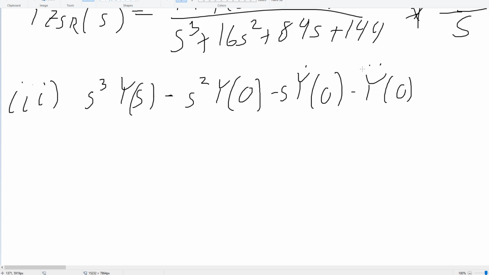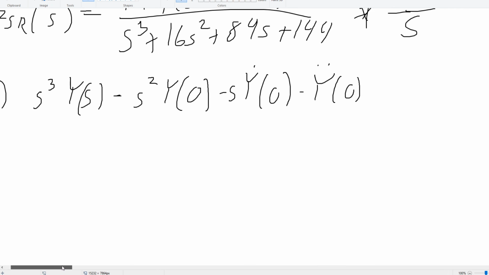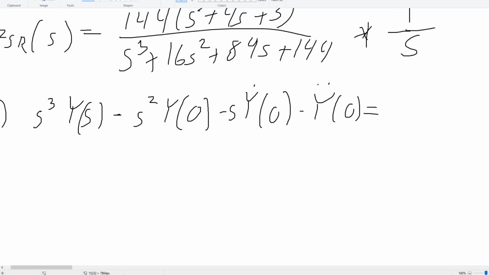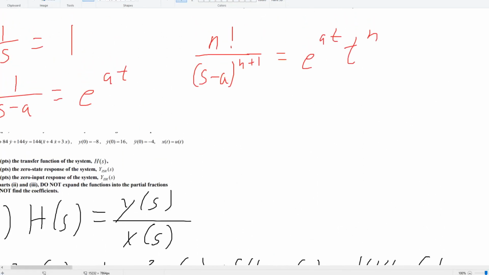And then we're going to do the Laplace of the other part. Oh, okay. So we have this. And for this problem, actually, we do have y of 0, y dot 0, and y double dot 0. Right? It's over here. We have the values for each of these. So we're just going to plug those values in.